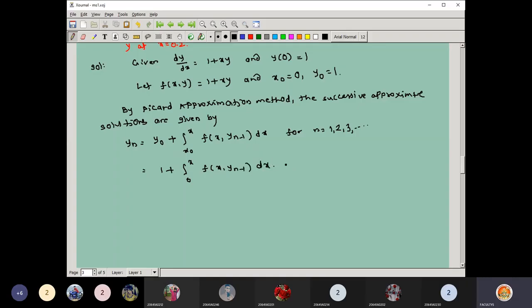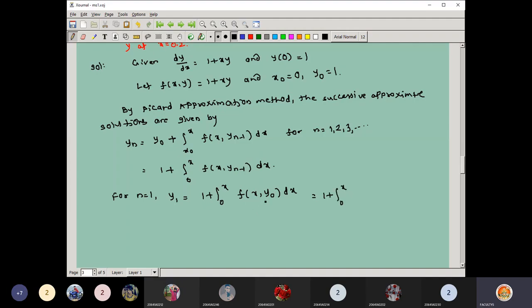Now you go for the problem. For n equal to 1, first approximate. I just calculate the first one. So 1 plus integral 0 to x f of x comma y naught, of dx. So it is equal to 1 plus integral 0 to x.